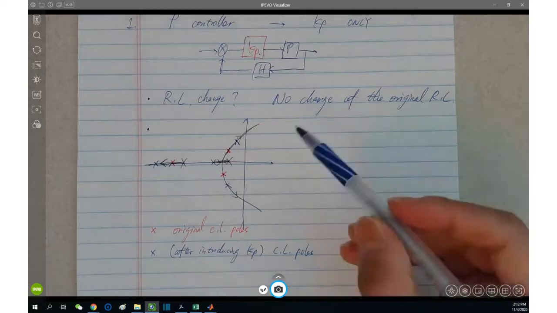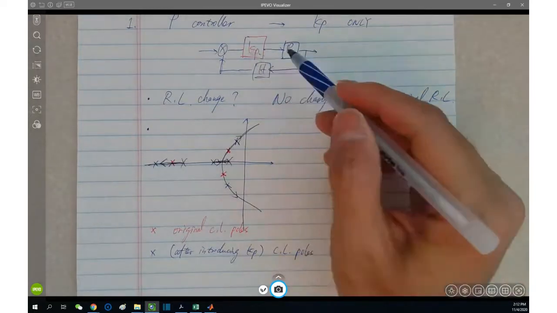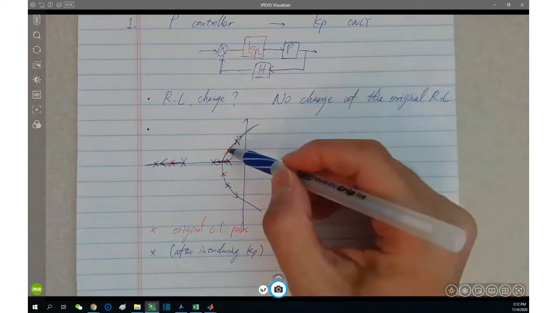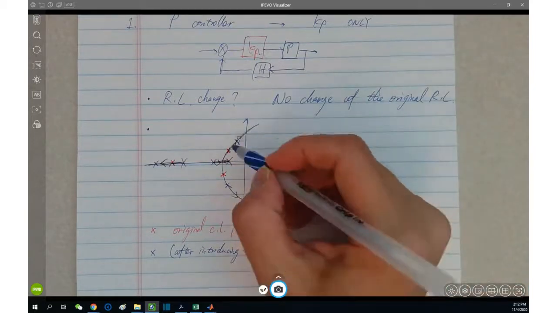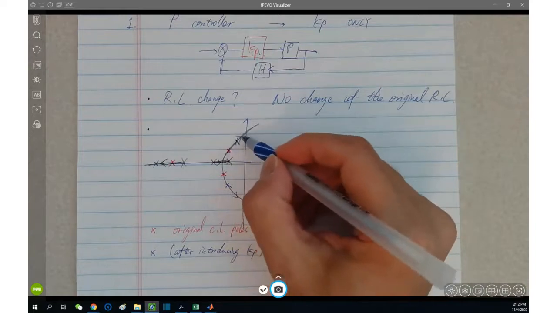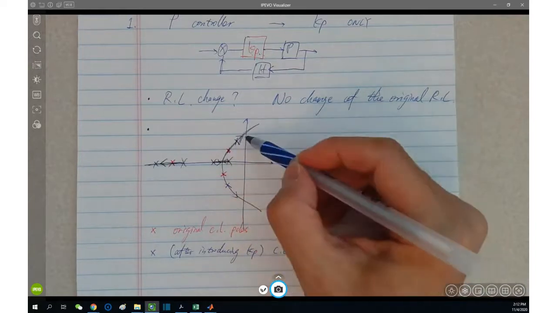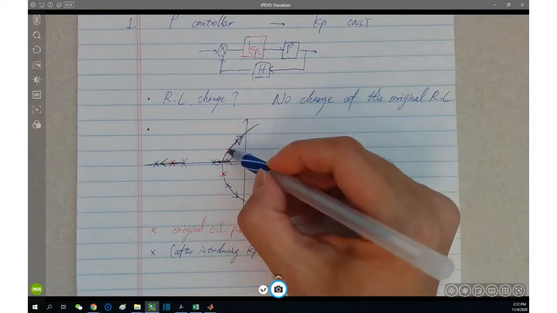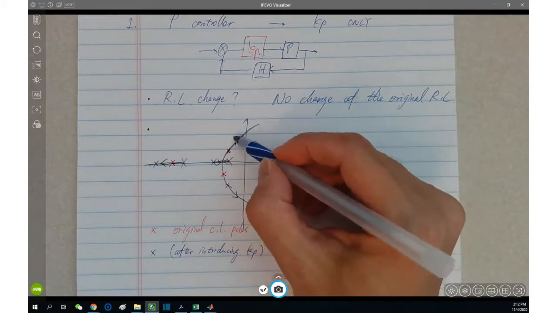Obviously, this KP, generally speaking, is greater than 1, right? Greater than 1 then means what? Your gain K there is increasing. So that's why it's moving down along the given root locus direction, that is from the original red towards the blue.